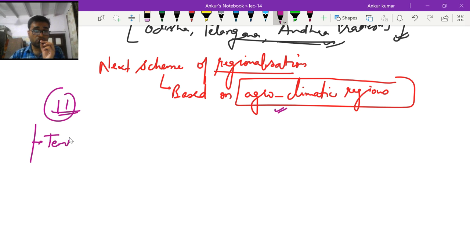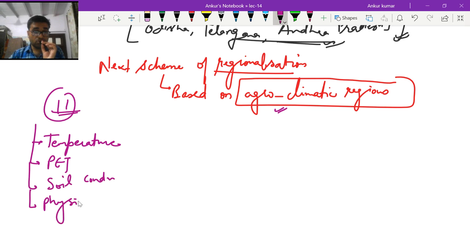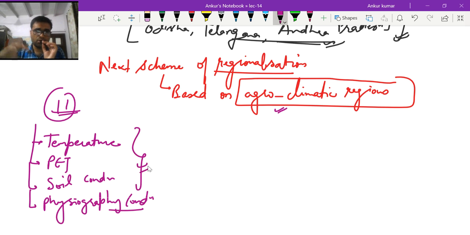For example, the above scheme was not taking into account the temperature, the potential evapotranspiration, the soil conditions of the region, or the physiographic condition of the area, that is, the slope of the land and how much sunlight is present. So the previous scheme of regionalization, dividing India on the basis of the first ranking crop, is said to be an incomplete scheme.